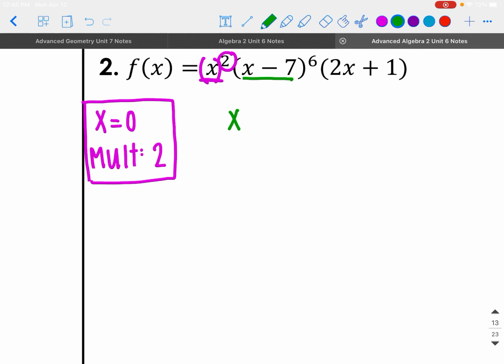Then we have x minus 7 equals 0. And if we add 7, we get x equals 7 with a multiplicity of 6.